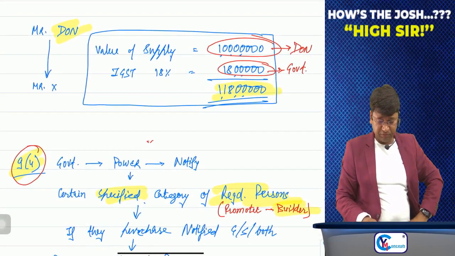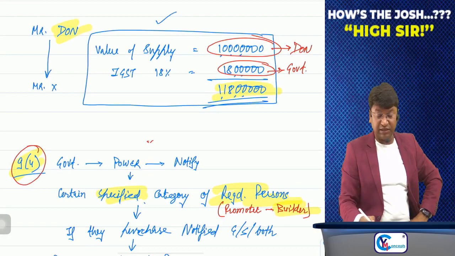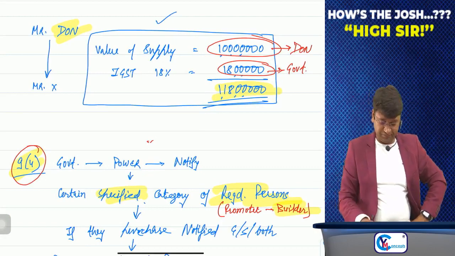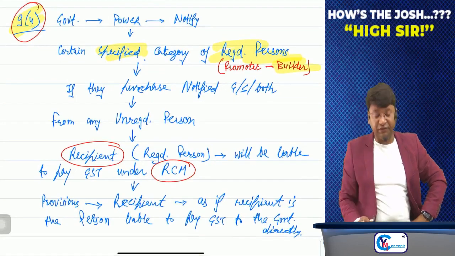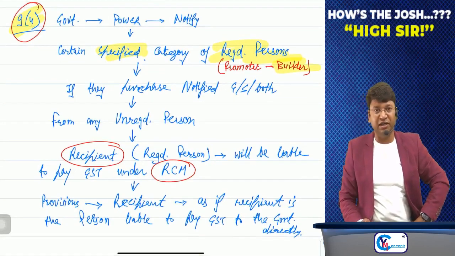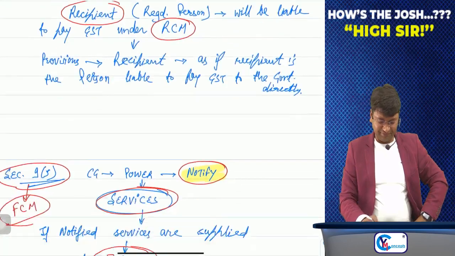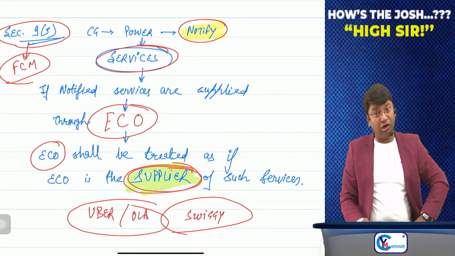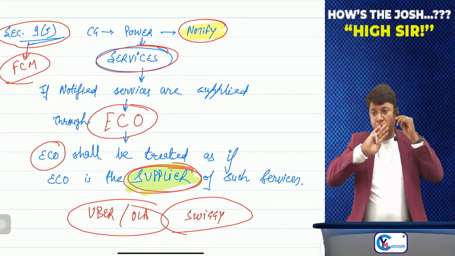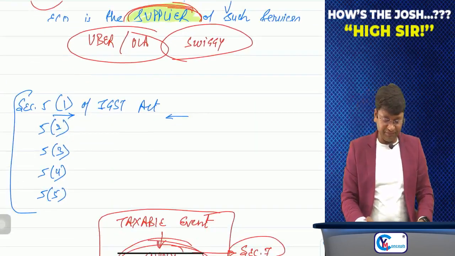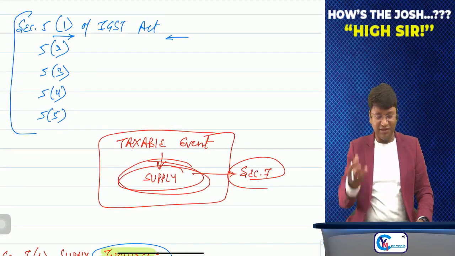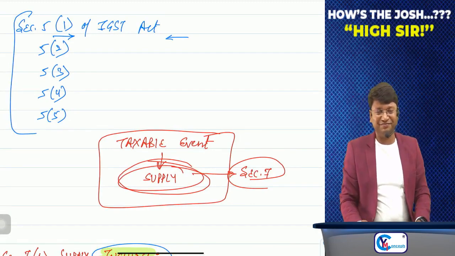Done? This is a very good example to understand the concept of RCM. Then section number 9, subsection 4, reverse charge mechanism builders. Section number 9.5, Ola Uber, very good example. Okay, then this is just if you want to copy you can.